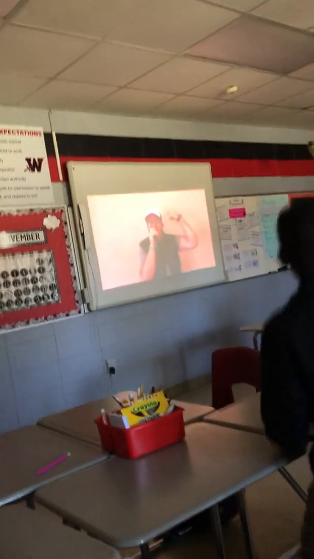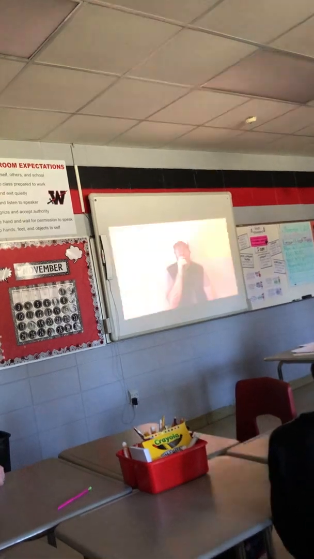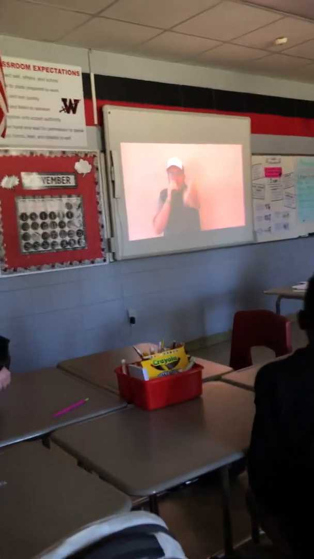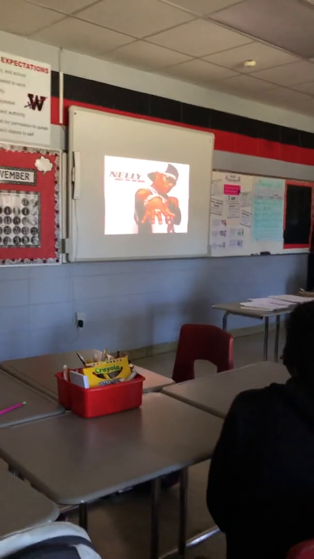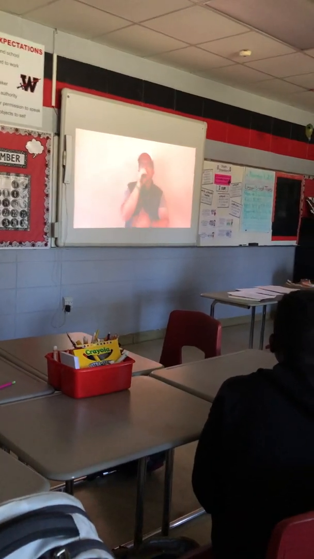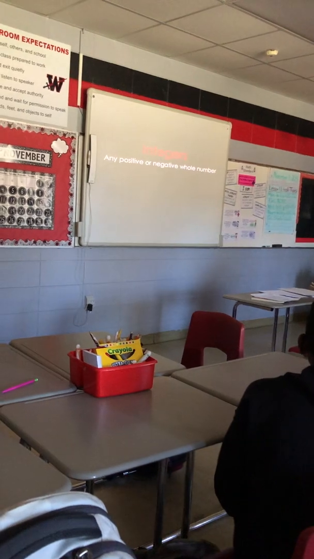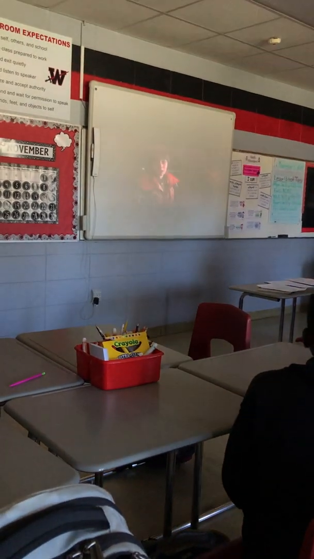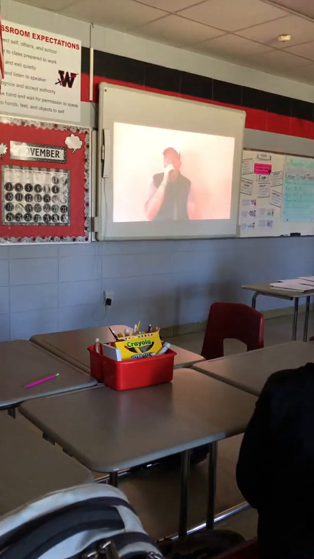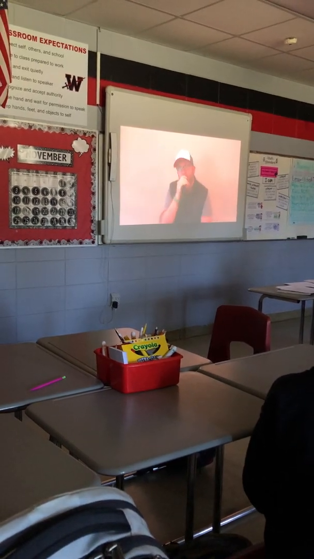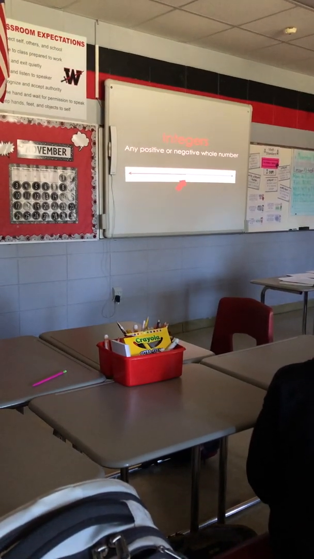Listen up, little homies, if you haven't heard. It's about to get crazy like Winona Ryder. Okay, first things first, what's an integer? It's a positive or negative number. So take a number line, 0 like this.